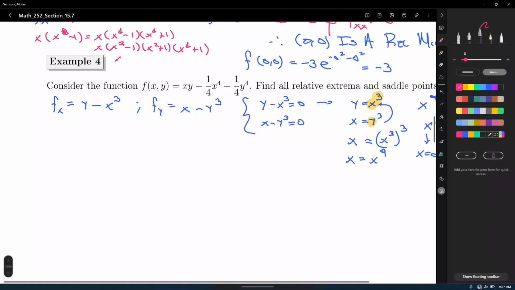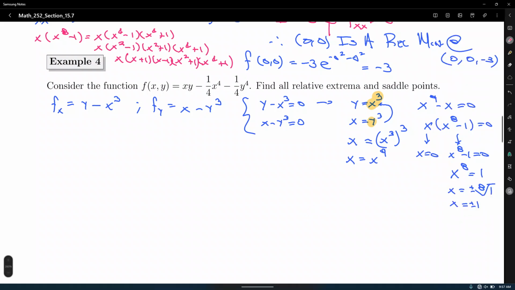And then another difference of squares: x times x plus 1, x minus 1, x squared plus 1, x to the 4th plus 1. Did you see how these last 2 factors are going to give us 2 complex solutions plus 4 complex solutions? Well, those are the other solutions, but they're complex.